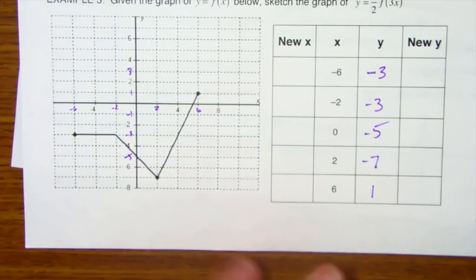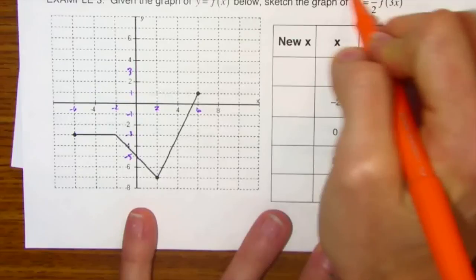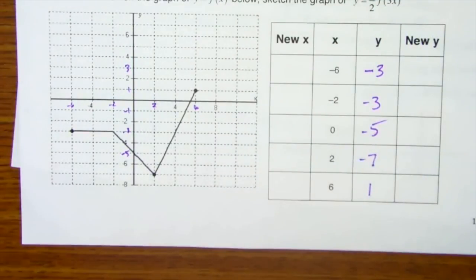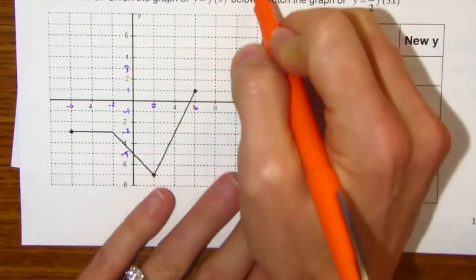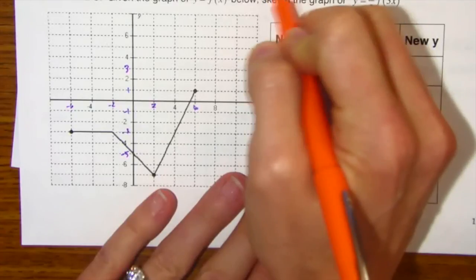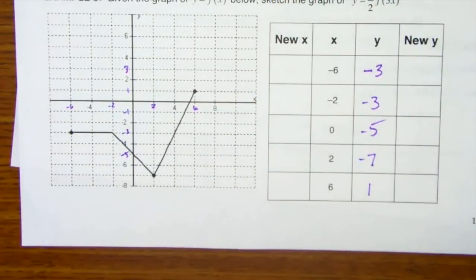Okay, so we're going to be trying to find the new x and the new y here. This 1/2, is that inside of our function? Is it part of our input, or is it on the outside? It's on the outside. Anytime you have a number on the outside, does that change your graph vertically or horizontally? Vertically. And when you're on the outside, do we change by that multiple, or do the opposite?